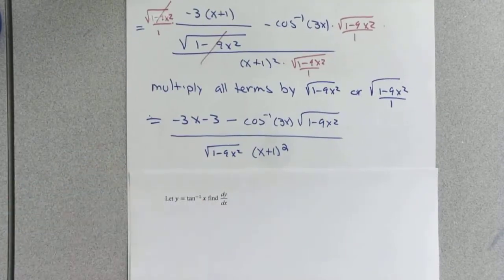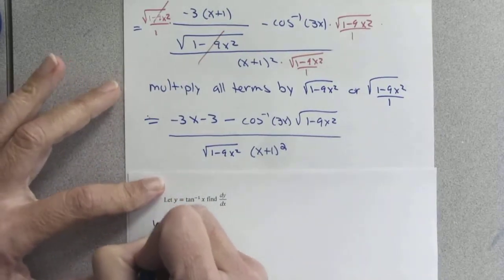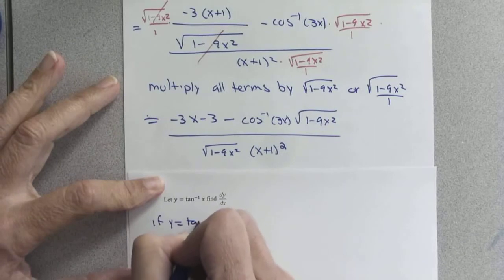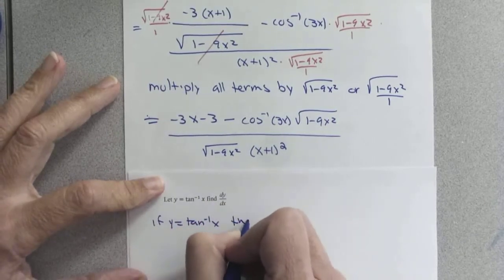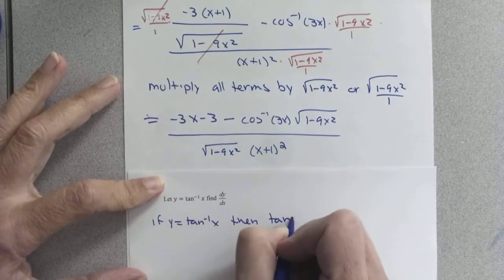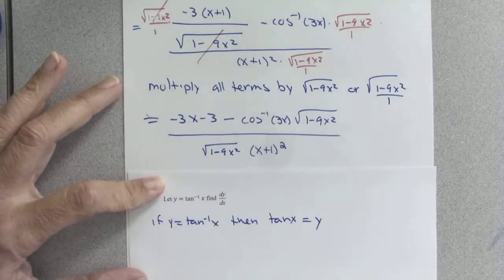So moving on to dealing with tangent a little bit. Find the derivative of tan inverse. We're going to do it the same way we did before. If y equals tan inverse of x, then tan y equals x.